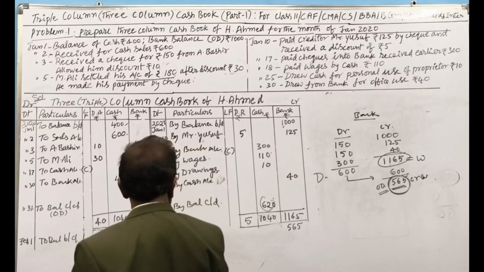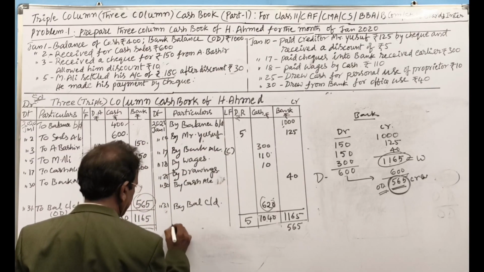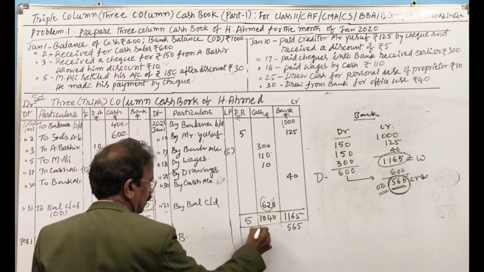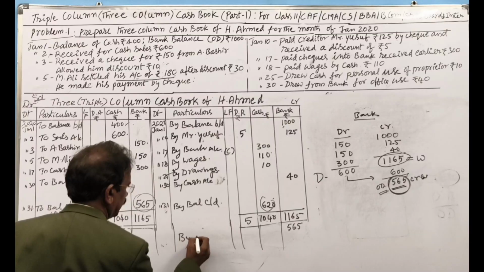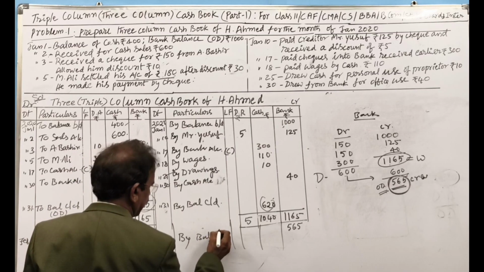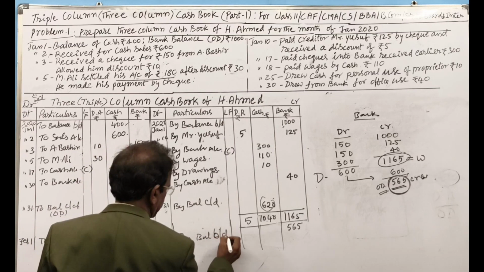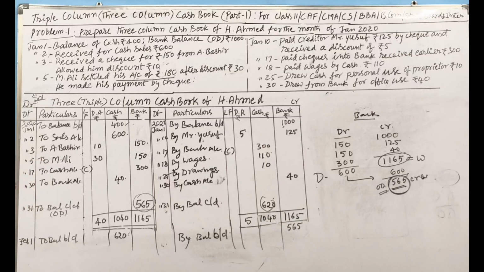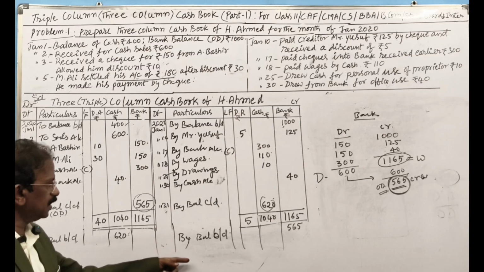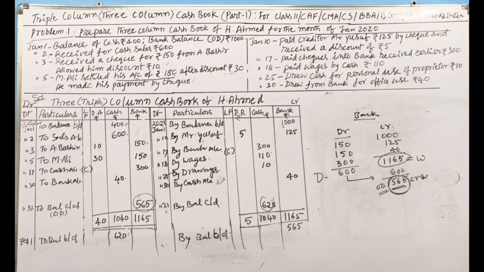Here you should write by balance brought down. And these two are the opening balances for the next month, that is February. So like this you have to prepare a triple column cash book.